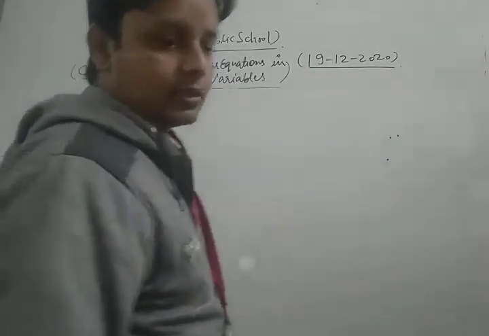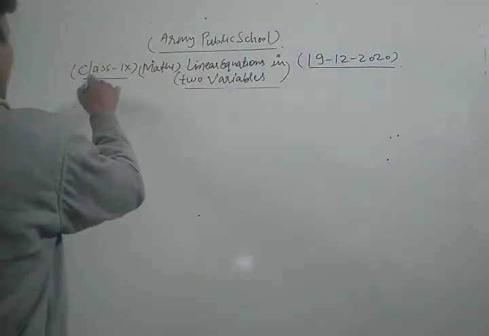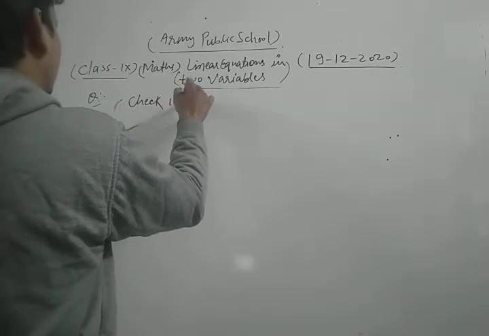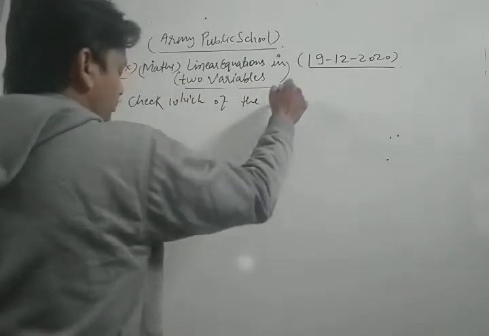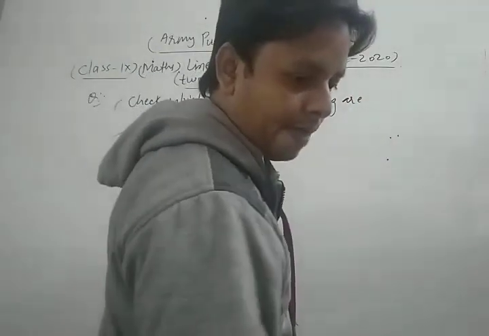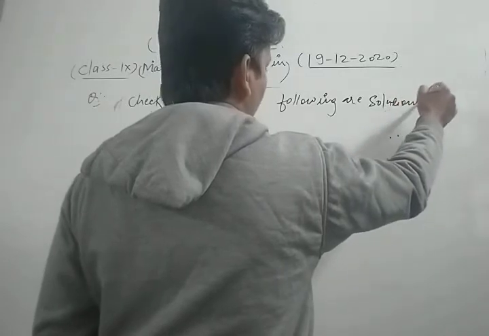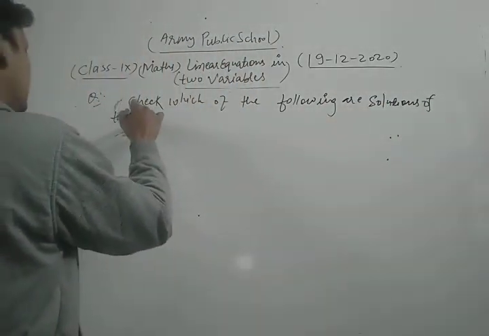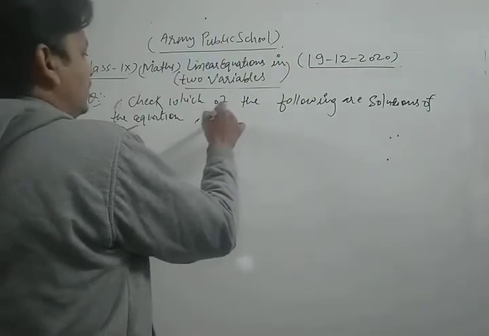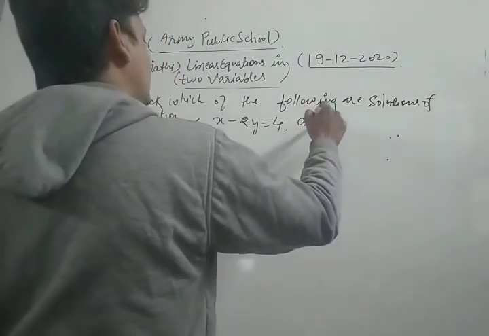We take some questions. Your question is: check which of the following are solutions of the equation x minus 2y is equal to 4 and which are not.